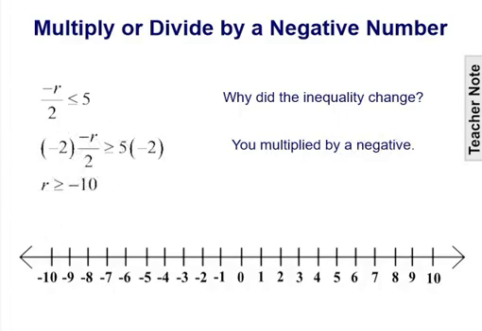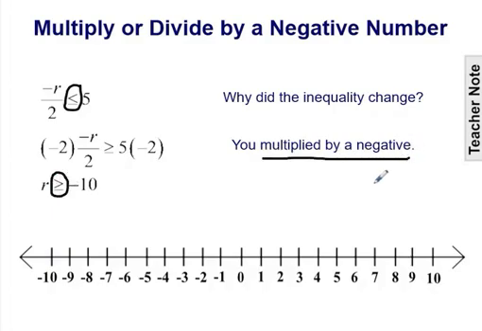Just to review, the original sign was less than or equal to, and they switched it already in this first step to greater than or equal to during the multiplication. So then it is greater than or equal to. It started out as less than or equal to. It is now greater than or equal to. All because, again, we did multiply by a negative.